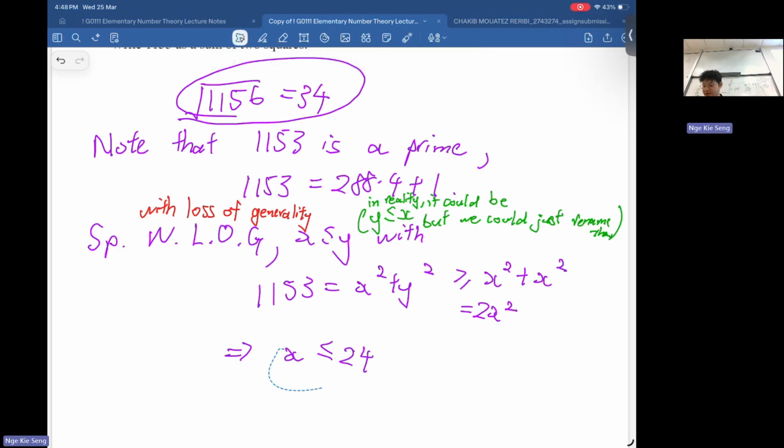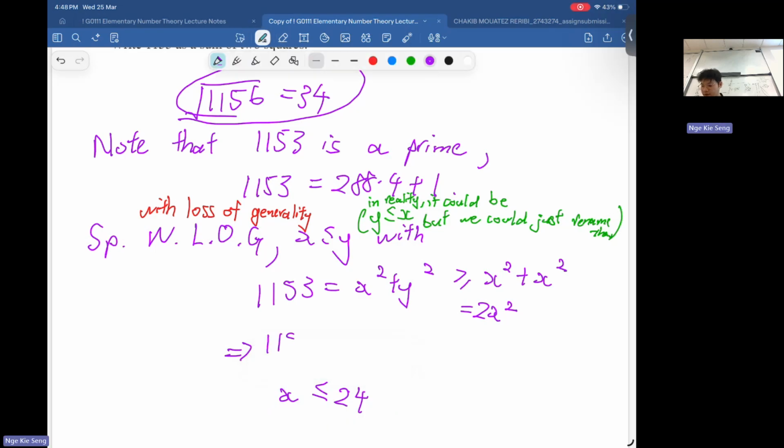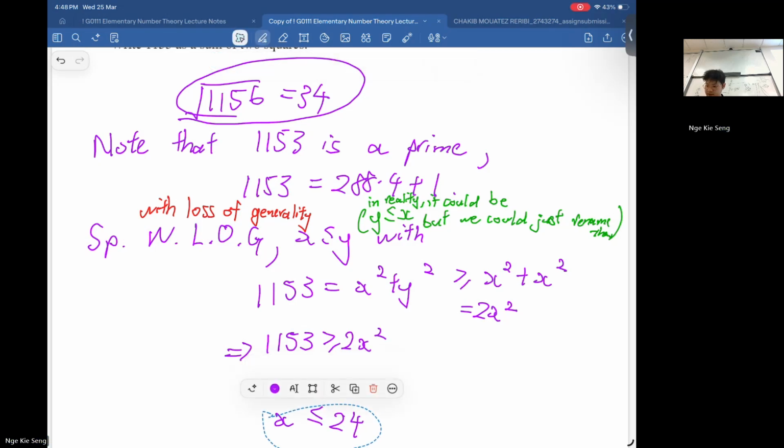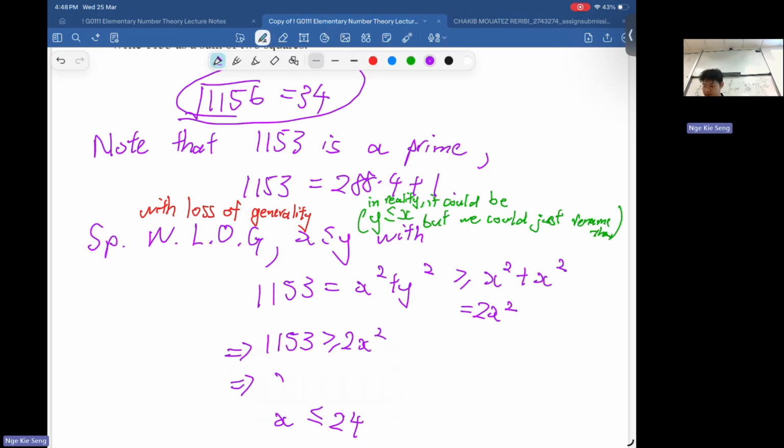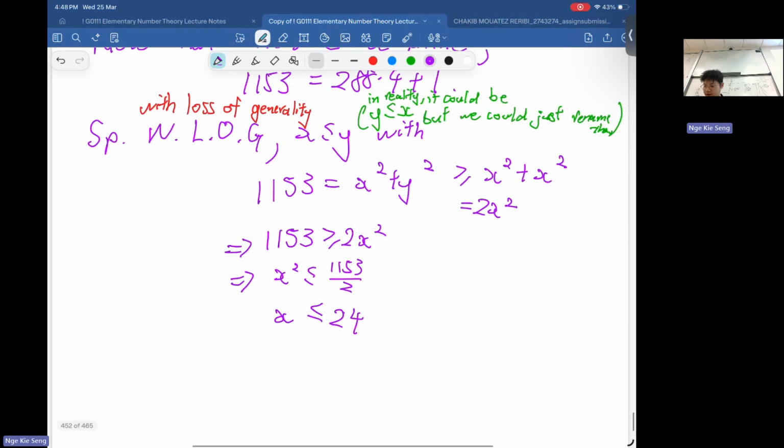Or should we do it step by step? Yeah, let's do it step by step. 1153 is greater or equal to 2x squared, and then x squared is less than or equal to 1153 over 2. And then x is less than or equal to the square root of 1153 over 2.